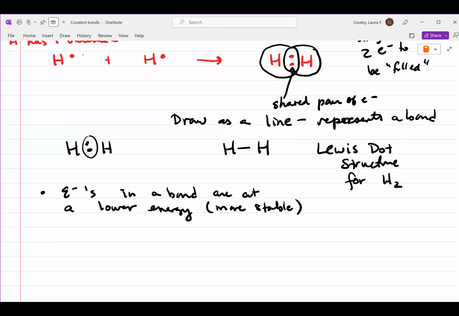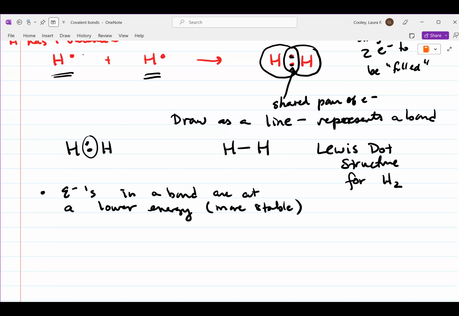Remember, at first you have 2 hydrogen atoms, and now you have a bond representing 2 electrons that are shared by 2 nuclei.